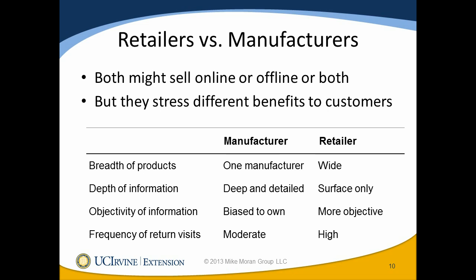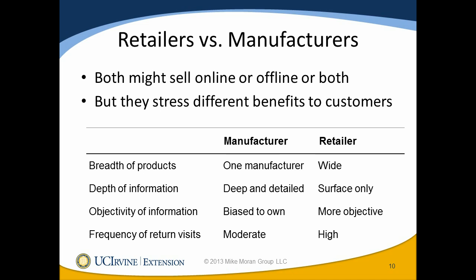And in fact, that's part of the value proposition for a retailer, is that if you know you want a DVD player, you can come to me and I can show you every different DVD player that there is. Whereas a manufacturer has a different value proposition, where a manufacturer is going to talk to you about much more deep and detailed information about its own products than you would expect to find at a retailer.